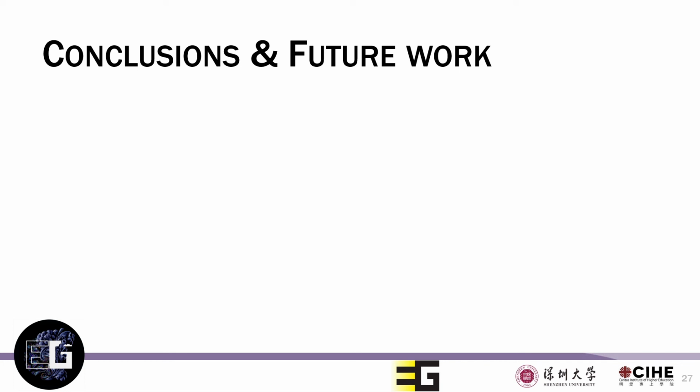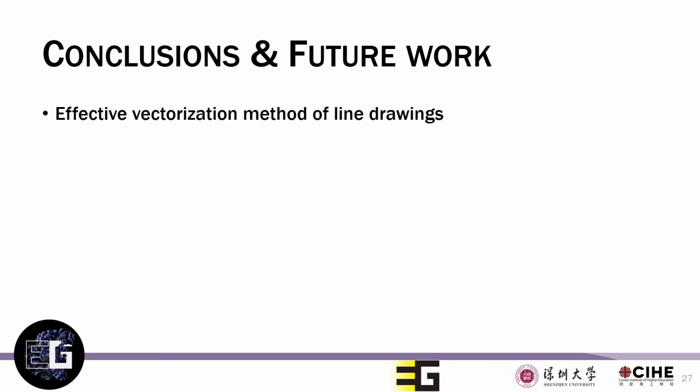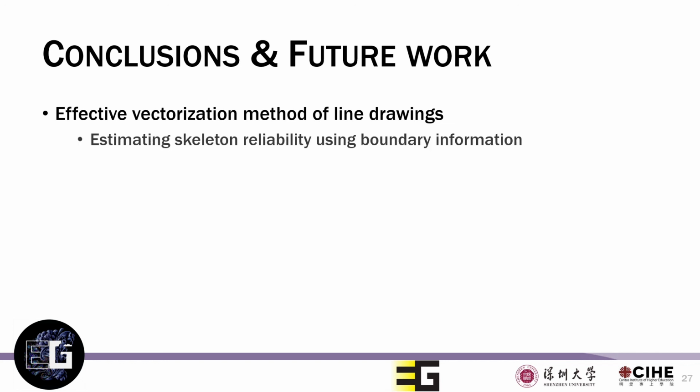In this work, we proposed a boundary-based topological reconstruction and vectorization method to convert a line drawing of arbitrary thickness into a vector representation. We propose to first identify whether the initial skeleton pixels are accurate by analyzing the tangent consistency of the skeleton pixels.